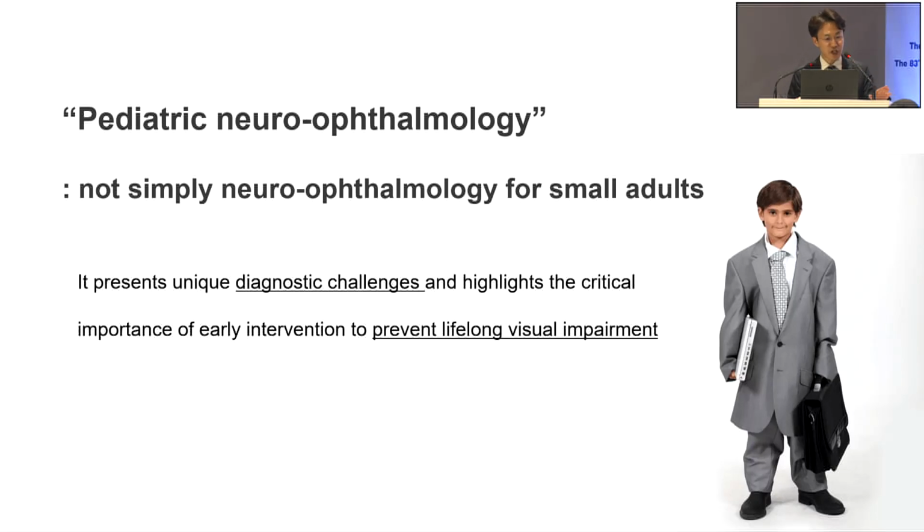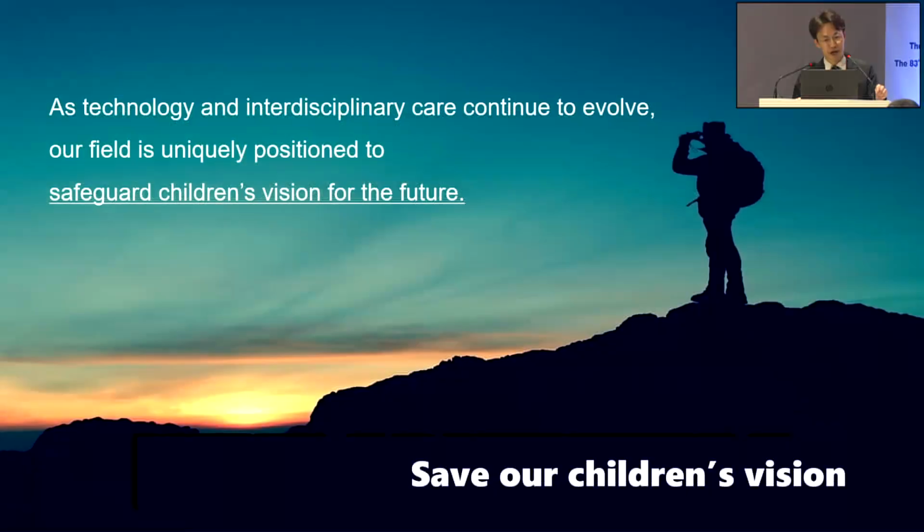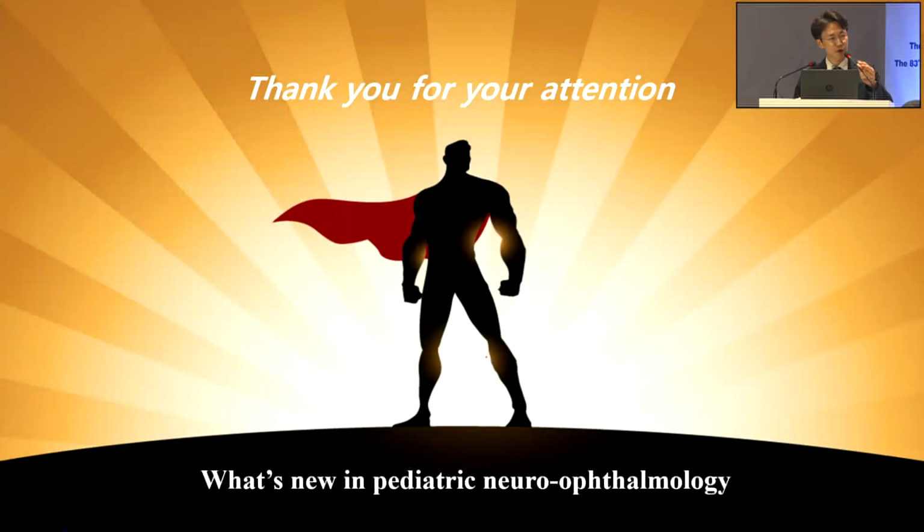It presents unique diagnostic challenges and highlights the critical importance of early intervention to prevent lifelong visual impairment. As technology and interdisciplinary care continue to evolve, our field is uniquely positioned to safeguard children's vision for the future. Thank you for your time and attention.